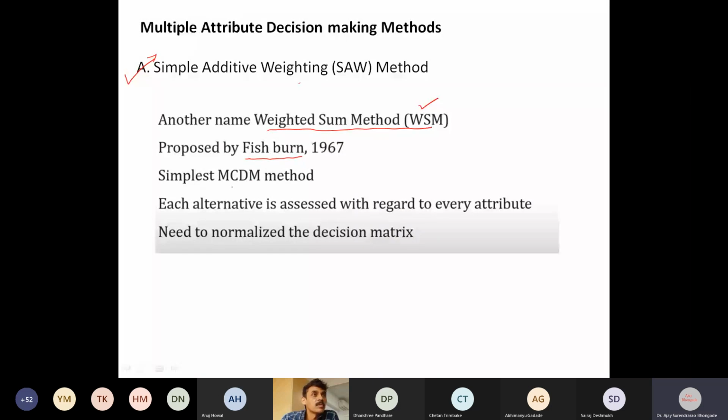It is the simplest type of MCDM approach. Each alternative is assessed with regard to every attribute, right? So how Andheri is with respect to price, connectivity, crowd, likewise all the things could be defined, so that we can understand the alternative.